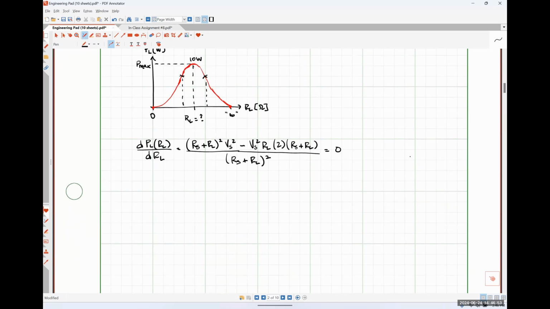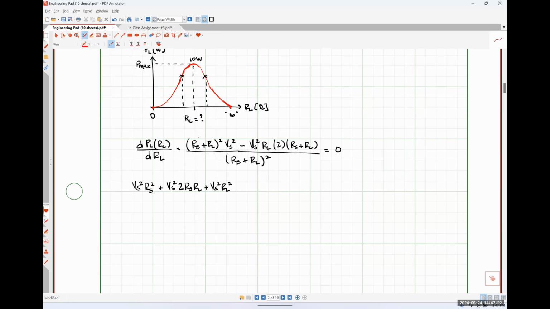So I'm going to FOIL some things out here. So I'm going to have a Vs squared times an Rs squared plus a Vs squared times a twice Rs RL plus a Vs squared times an RL squared.